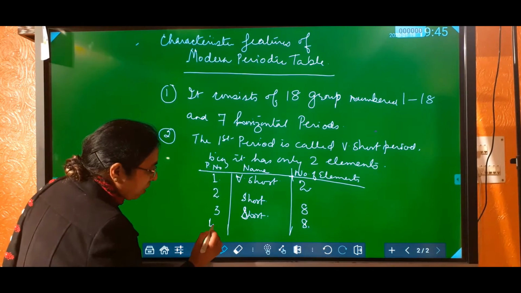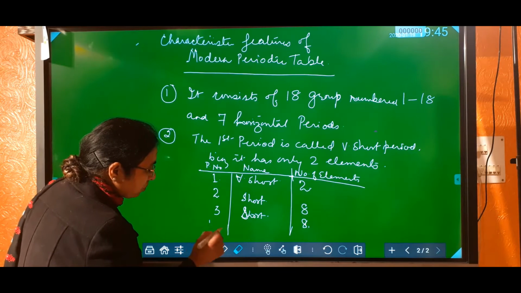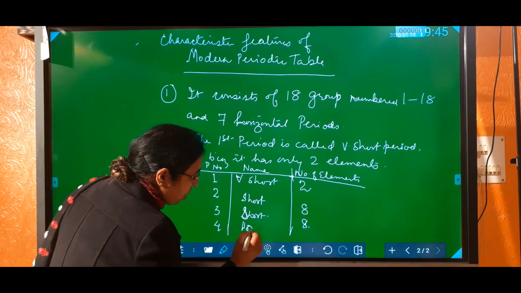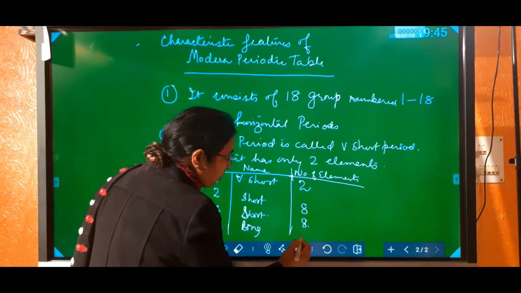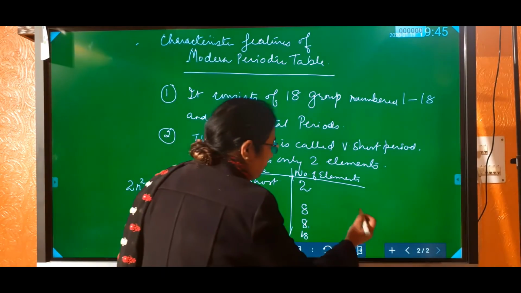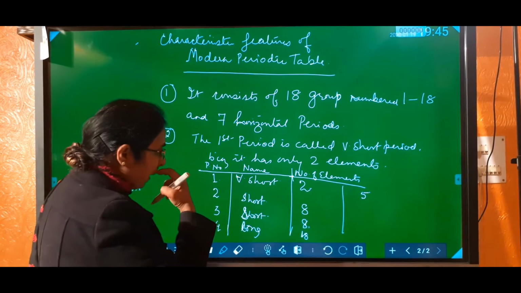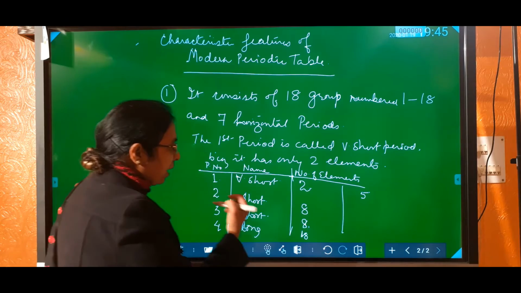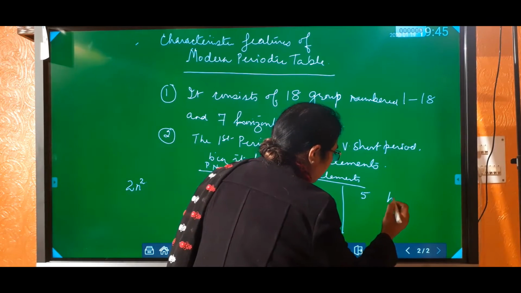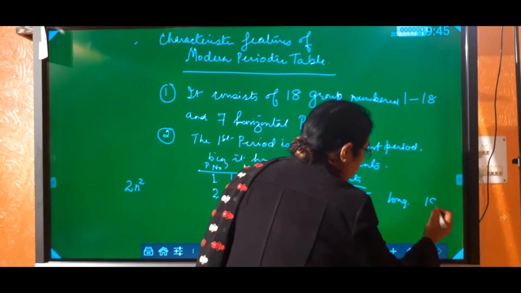Then this is the fourth period. We have a long period and the number of elements is 18. Then you have the fifth period, which is again a long period, and it has again 18 elements.